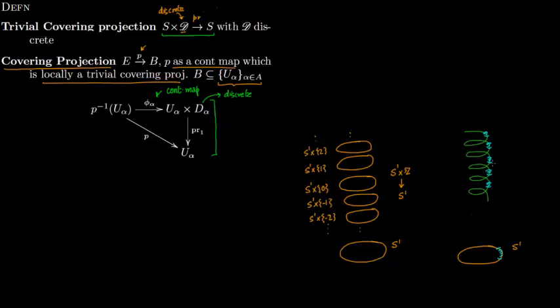Now I will name this U. So you have say U times 0 here. This portion is U times -1, U times -2, and so on, U times 1, U times 2, and so on.